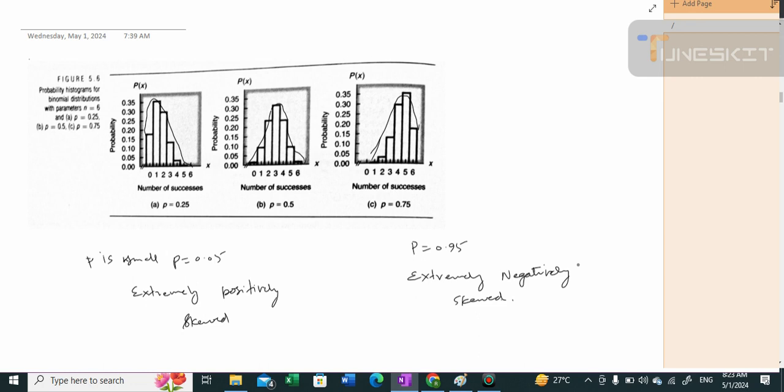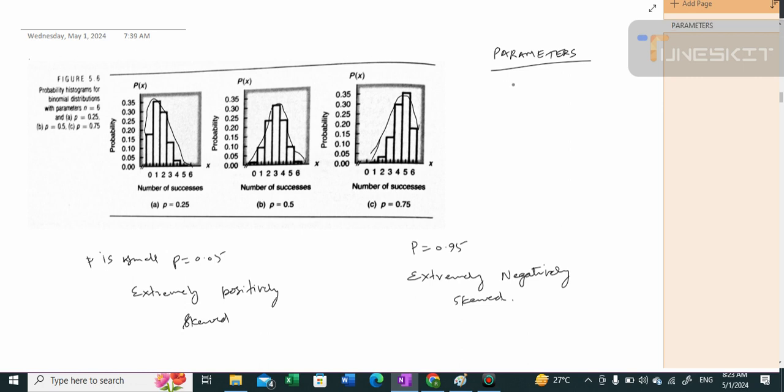As far as binomial parameters are concerned, the parameters of the binomial distribution are n and p that decide the shape of the binomial distribution.